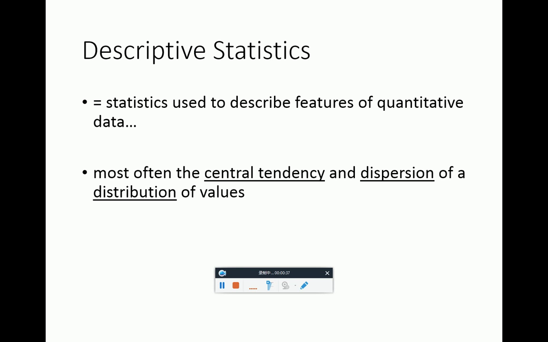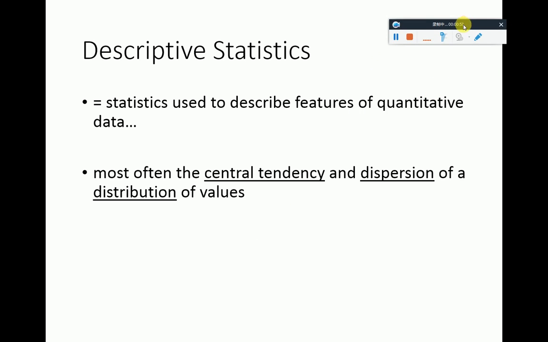The first is the central tendency of the data. Second is the dispersion of the data. More precisely, we're talking about the central tendency and dispersion of the distribution of the data. So yesterday we mainly focused on this concept of distribution.